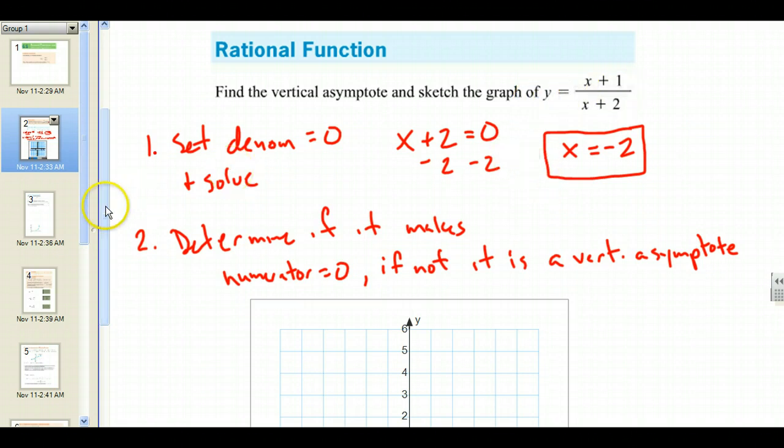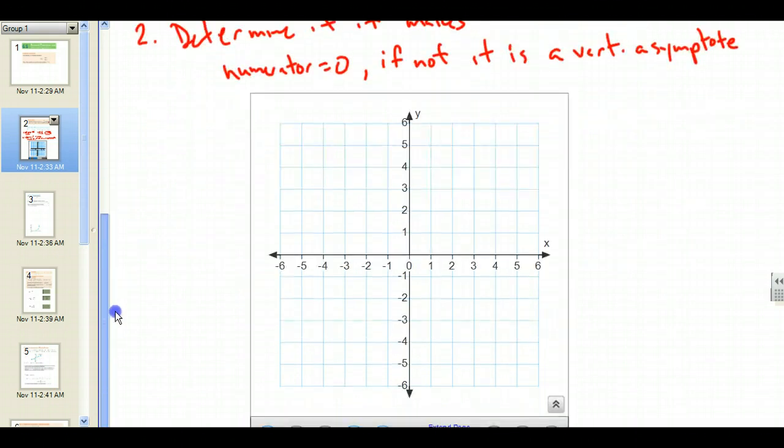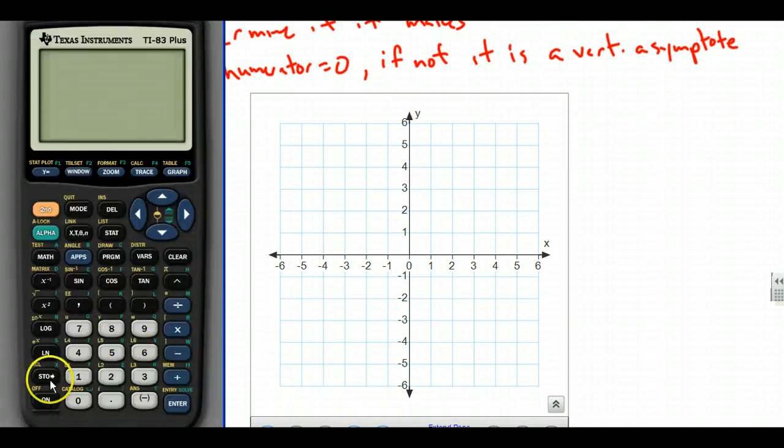So I wanted to show you something in particular about this. If I use my calculator and I put in parentheses x plus 1, close parentheses, divided by, you've got to put the parentheses around it, x plus 2. Alright, this is what it looks like on my calculator. This is a TI-83.